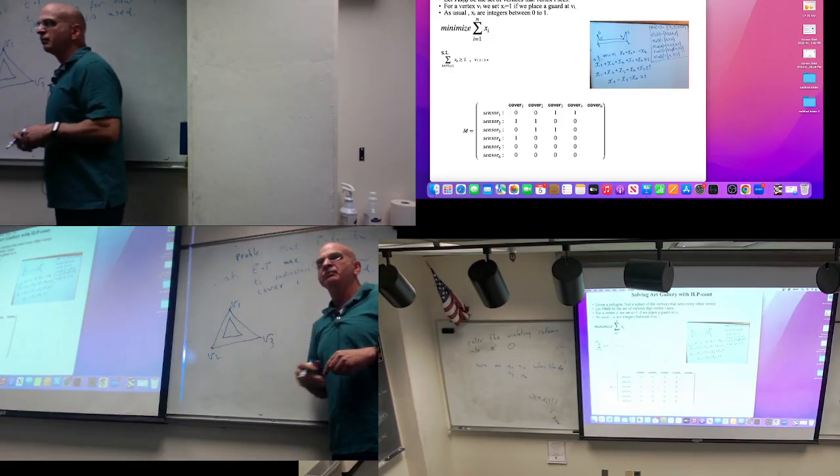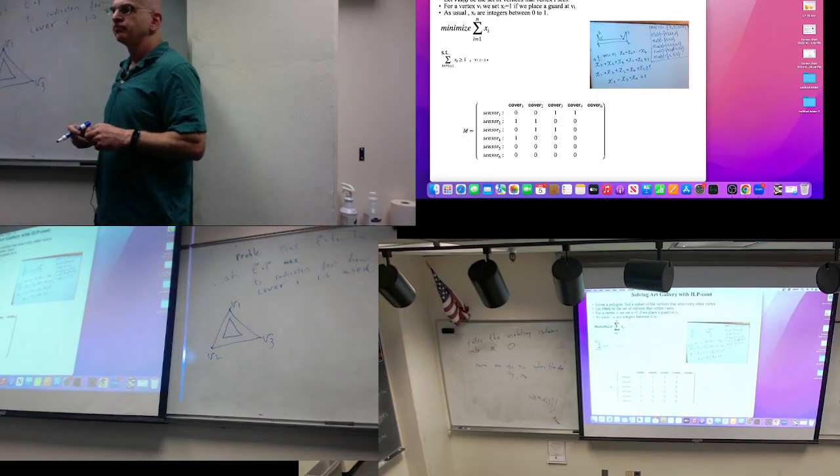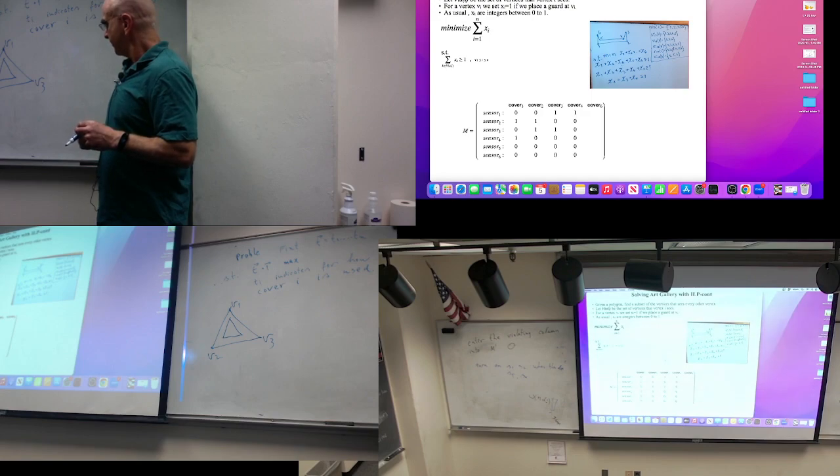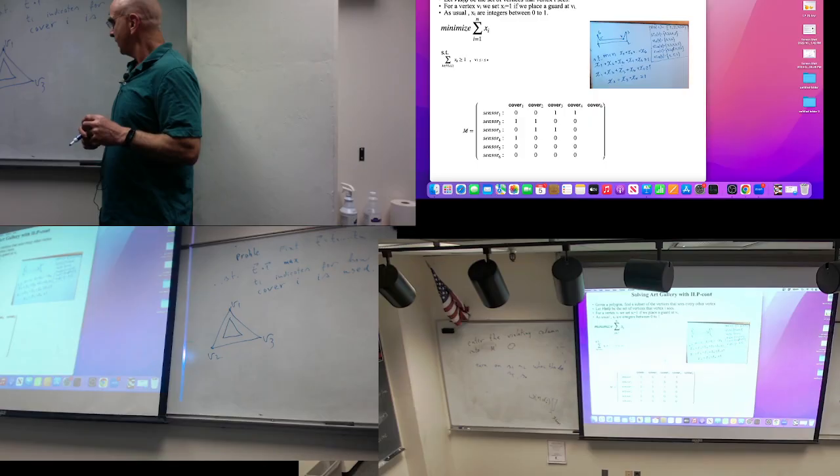So that's a polygon with a hole inside, and I want to create the maximum cover over here. It's not exactly what I wanted.